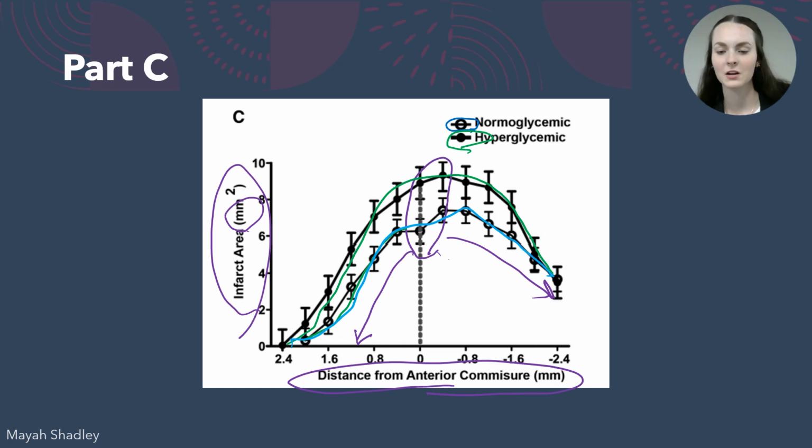All right, I know that's kind of a lot, but this is saying that looking at the two, the hyperglycemic is consistently higher than the normal glycemic, meaning it's got more infarct area and more brain damage. This is showing how these high blood glucose levels are going to have more brain damage following stroke, which we will discuss more once we get to our results.